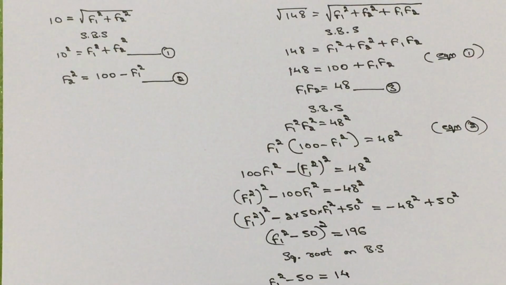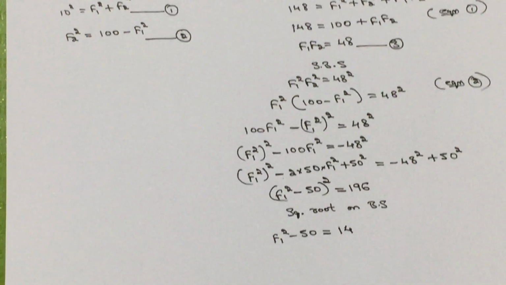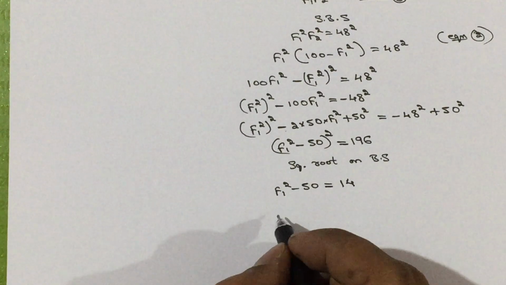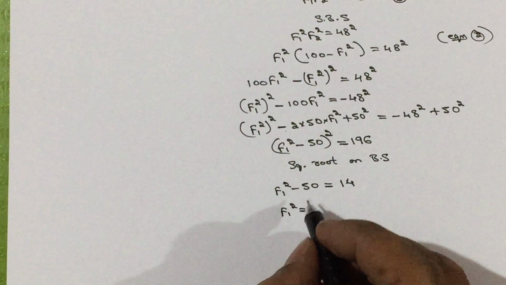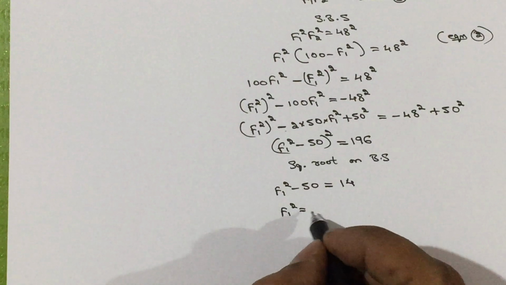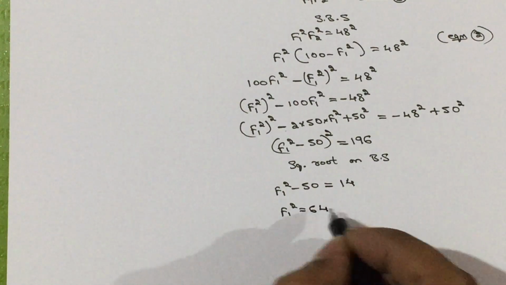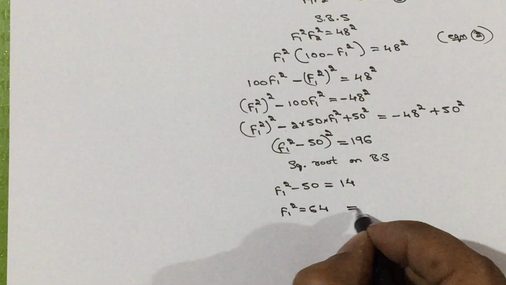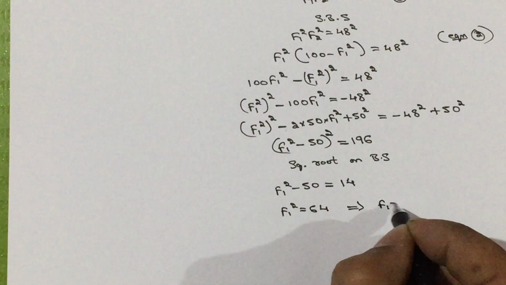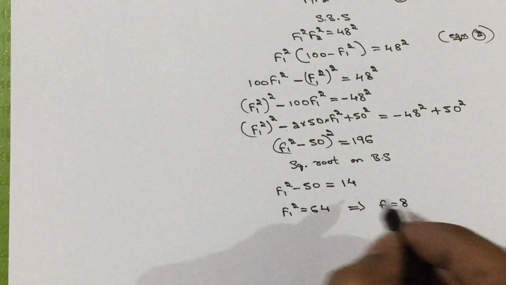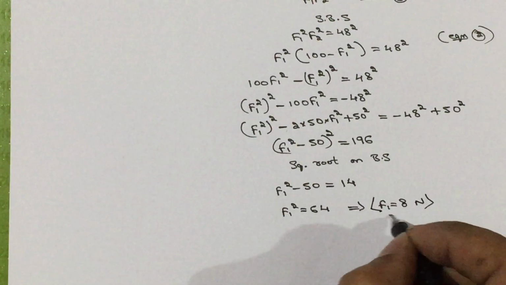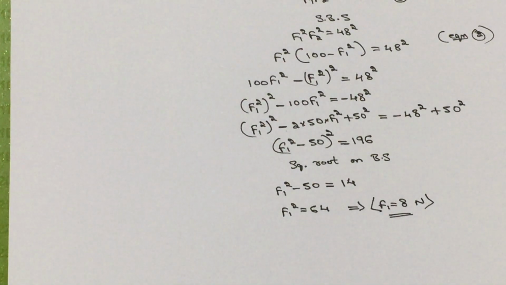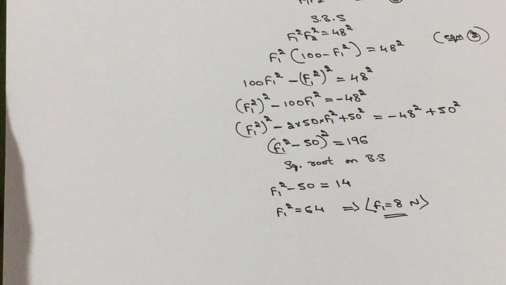So, F1 square will become 14 plus 50, that is 64. Therefore, F1 will be equal to square root of 64, that is 8 Newton. We got the value of F1 is equal to 8 Newton.